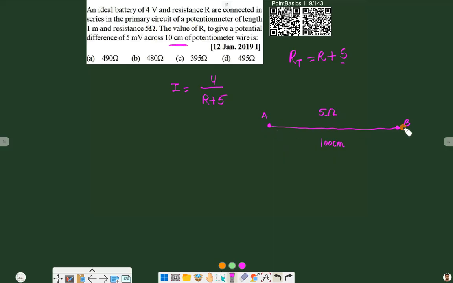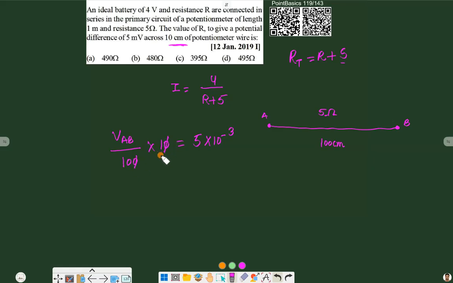Suppose VAB is the voltage across the wire. So the voltage drop per centimeter will be VAB by 100. This will be the voltage drop per centimeter of the wire, and it is mentioned that in 10 centimeter this voltage drop should be 5 millivolt, or 5 into 10 raised to power minus 3.